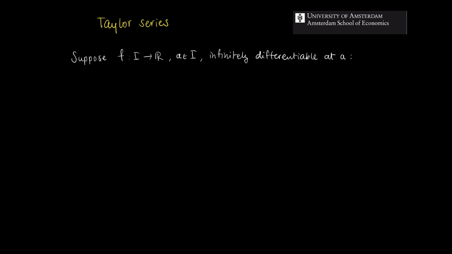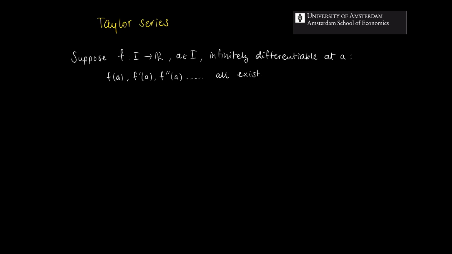This means that f(a) exists, f prime of a exists, f double prime of a exists, and so forth. So all the kth order derivatives at a exist for any k being a natural number.